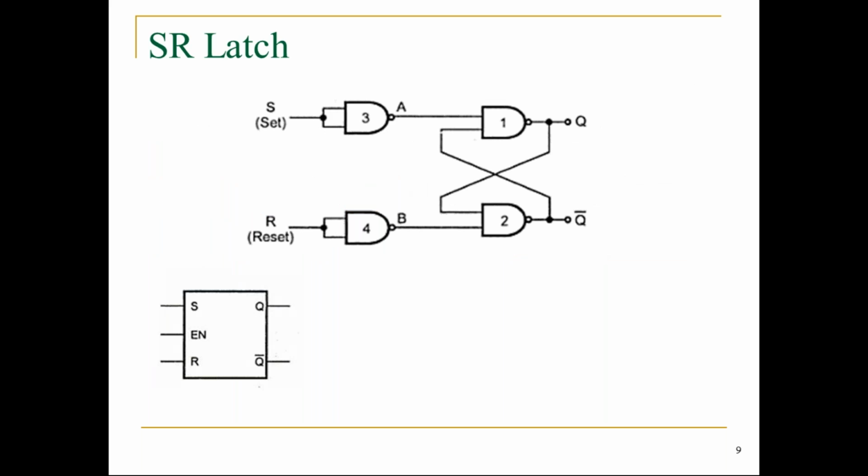Because now I am entering into the first latch operation, that is the SR latch, built using NAND gates. This is the symbolic representation of the SR latch, also called the SR flip flop. I already mentioned in the earlier slide, S is set, R is reset.